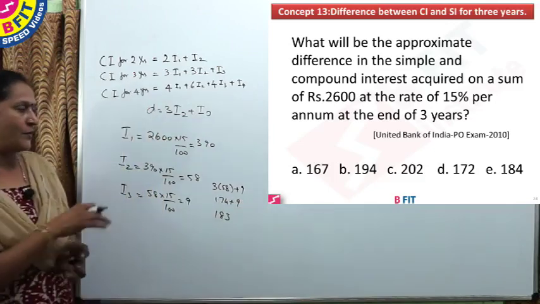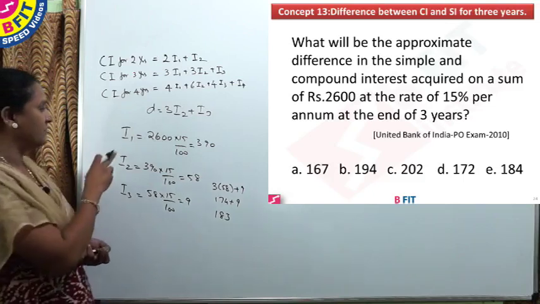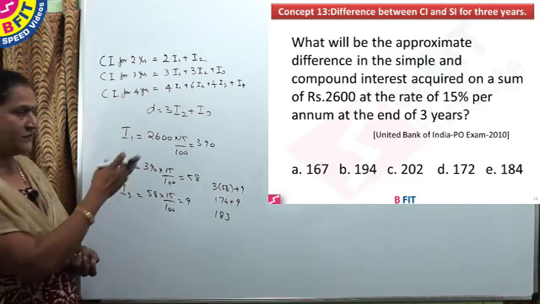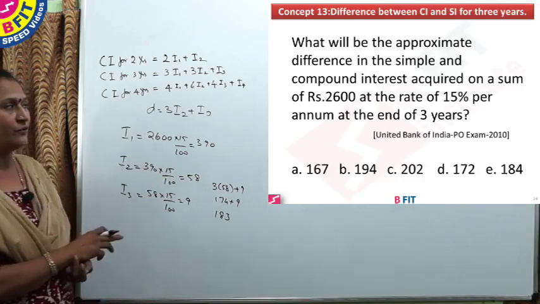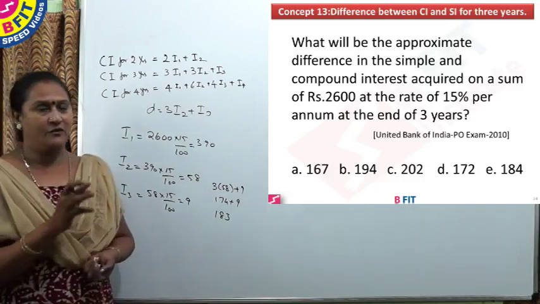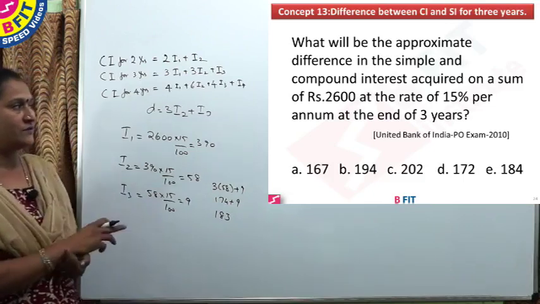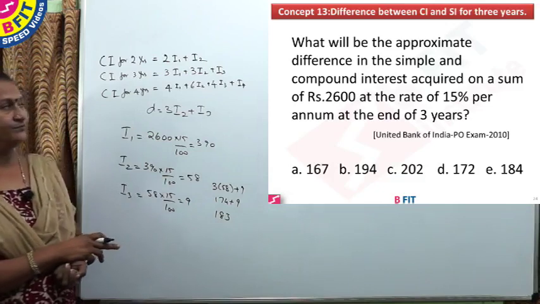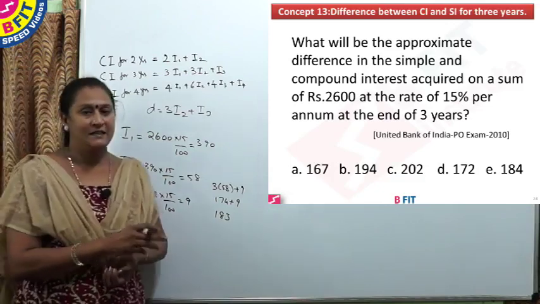We have found the approximate value. So the difference between CI and SI is 183 and we can choose option E, which is very near to that, 184. So the difference between CI and SI for 3 years for the given sum 2,600 and 15% is 184. Now we will see the next concept.